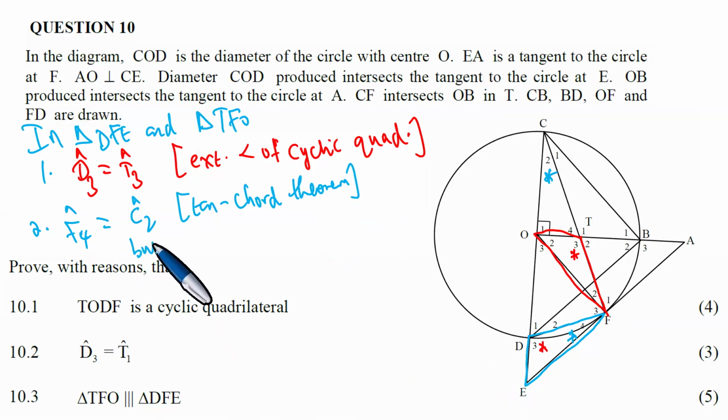But the angle C2 is equal to the angle F2. The angle C2 is equal to the angle F2, angles opposite equal sides.